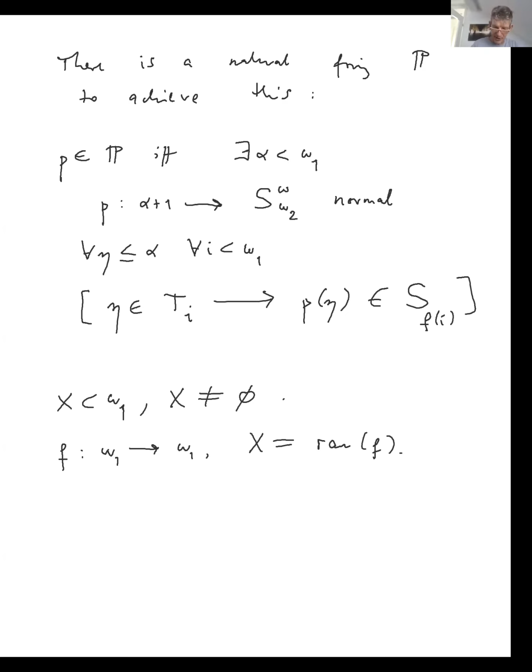Okay, you have omega-1 down here, you have omega-2 down here, and you start adding this function, so that if you have an eta down here, this function p sends it to some p of eta, and you want to have that if eta is in T_i, then p of eta is in one of the sets from the splitting of S^omega_omega-2 into pairwise disjoint sets, but where the index is in capital X, right? Okay.